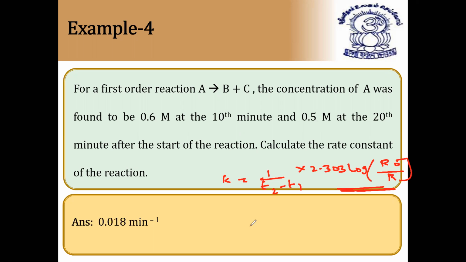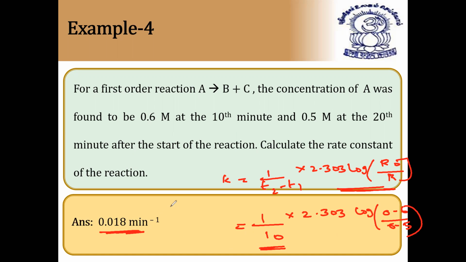You can apply this formula: 1 by (t2 minus t1), that is 20 minus 10, equal to 10, into 2.303. As I told you, the same formula, in log base 10. The initial concentration is 0.6 by 0.5. So 0.6 divided by 0.5, if you do the calculation, the answer is 0.018.